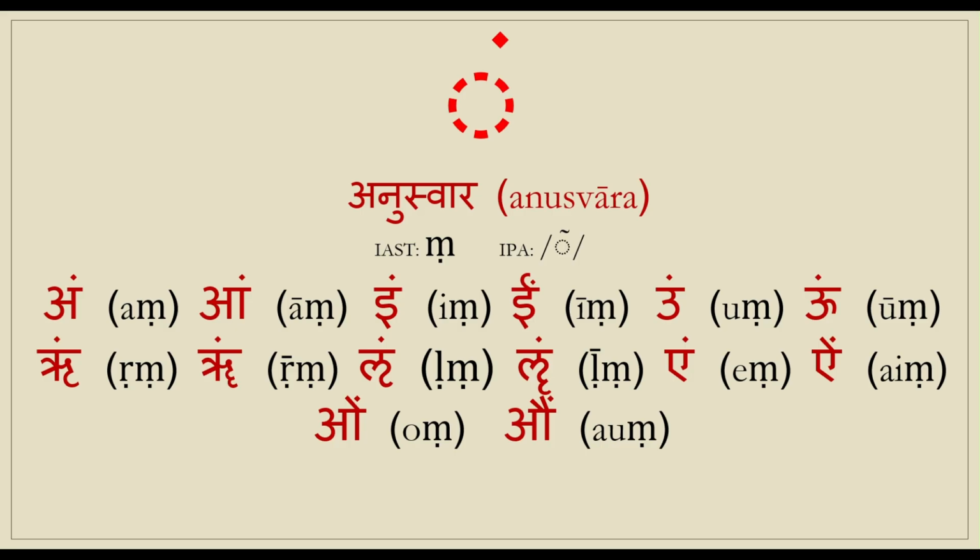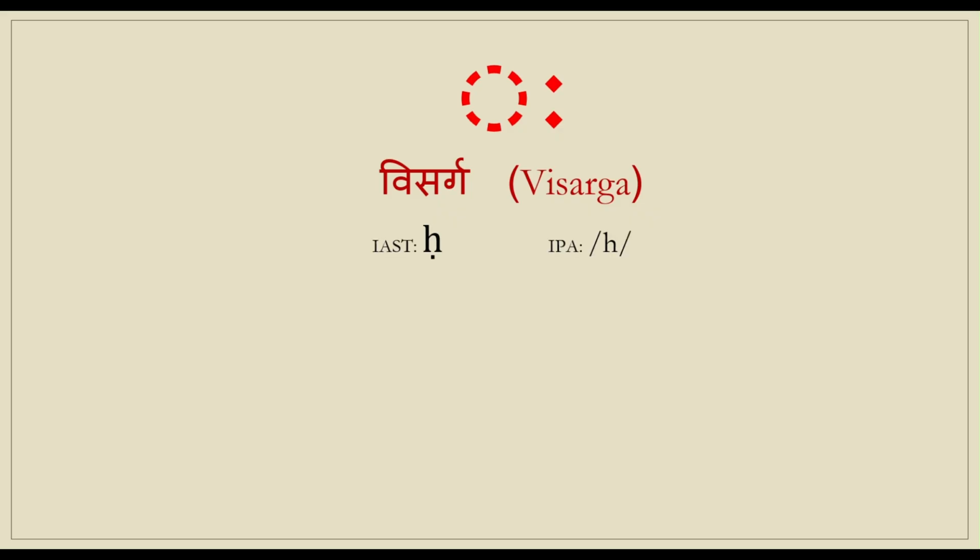And moving towards our last vowel, it is Visarga. In IST, it is represented by h having a dot beneath it. Now, unfortunately, Visarga is so complex that it can't be explained in one video.